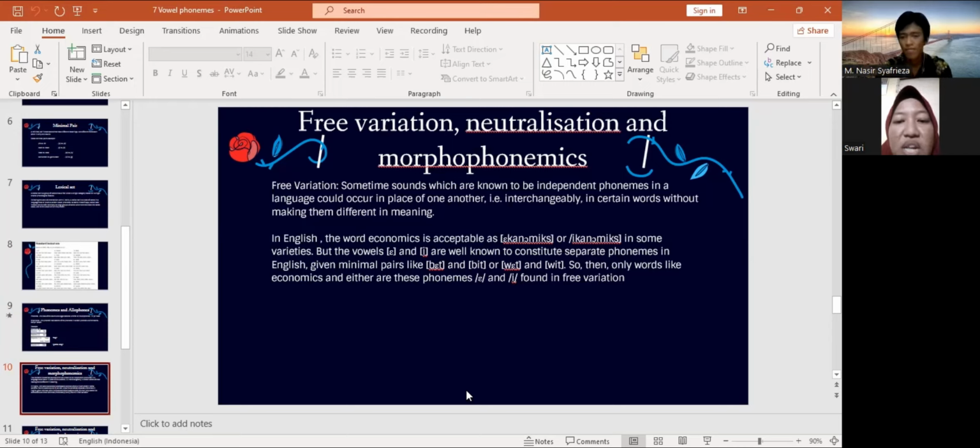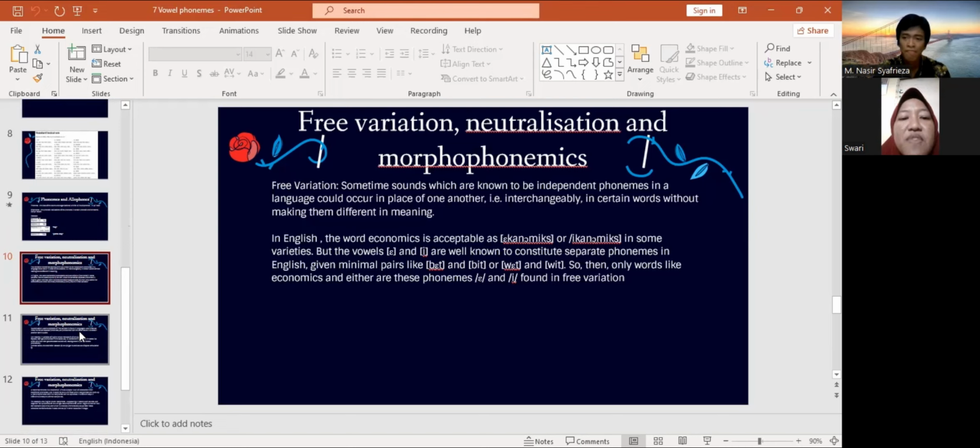So only in words like economics and either are these phonemes A and E found in free variation. Next slide.